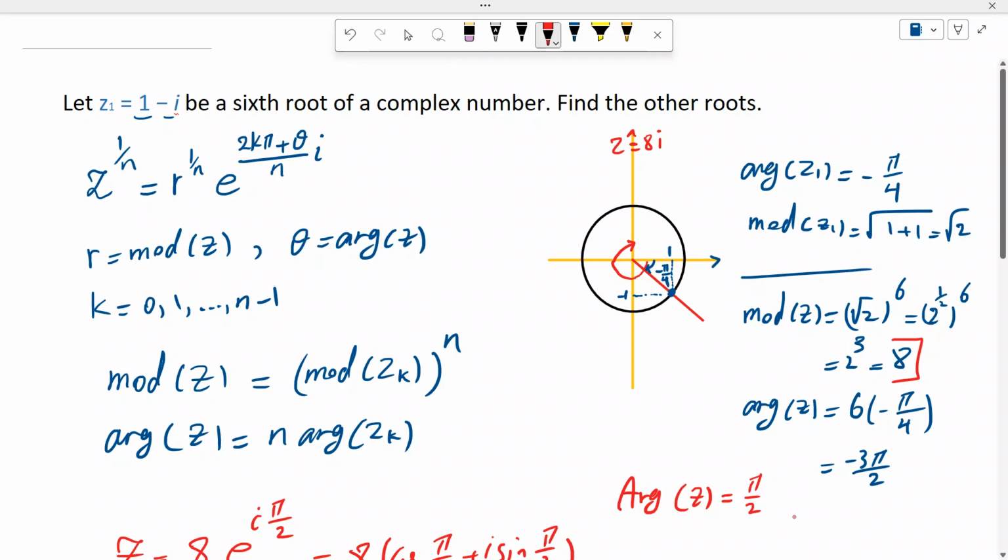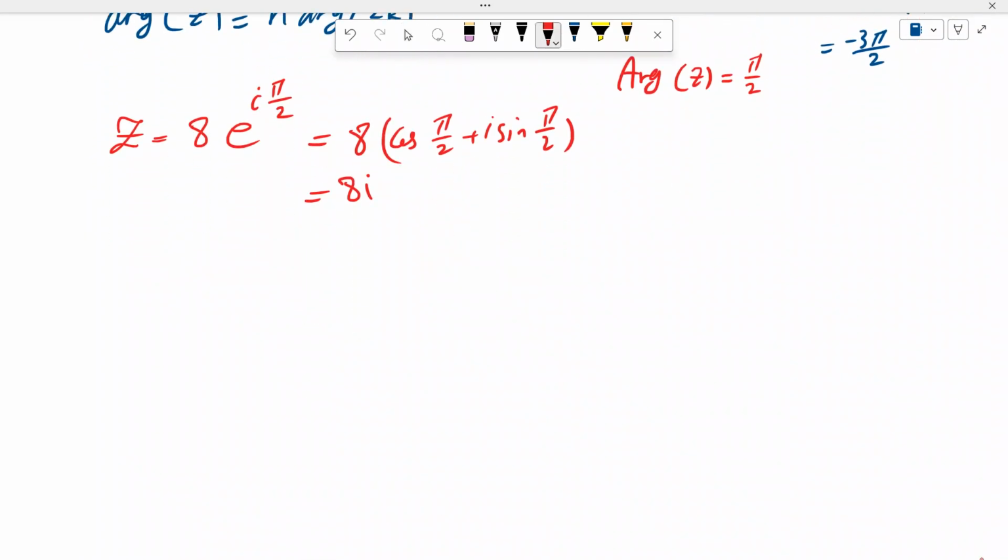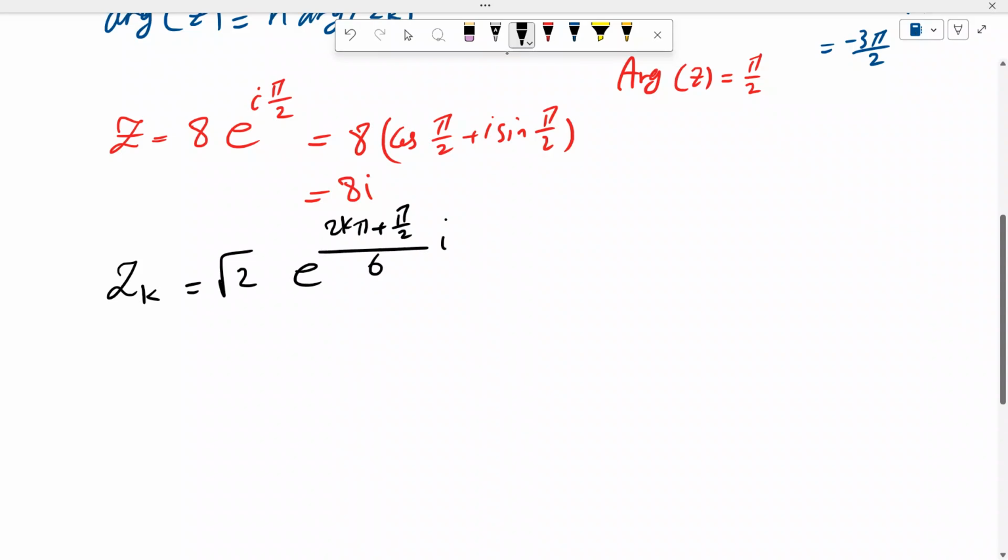So the rest also are going to have the same mod. It means that they are on the same circle with different angles, and those angles are coming from here: 2k pi plus pi over n, or the other angles. So if I want to find the rest of the z_k's, all z_k's are going to be like this: root 2, with the same mod as z1 has, e to the (2k pi plus pi over 2) divided by 6, times i.